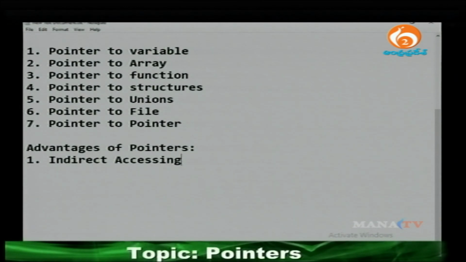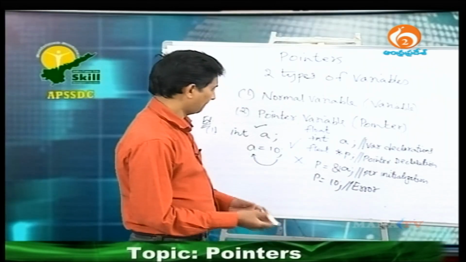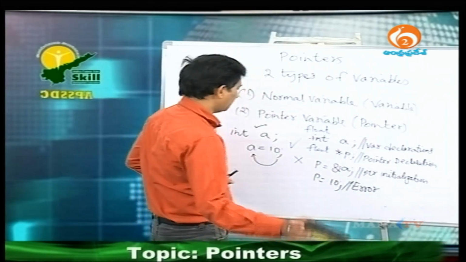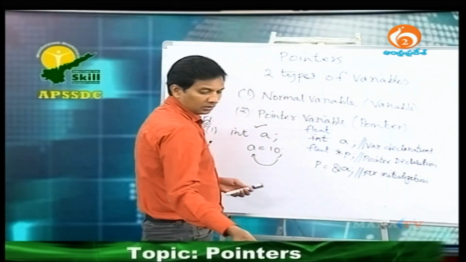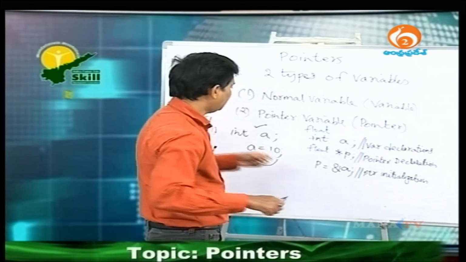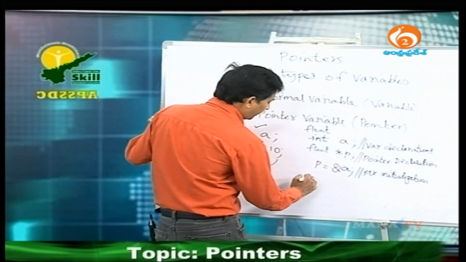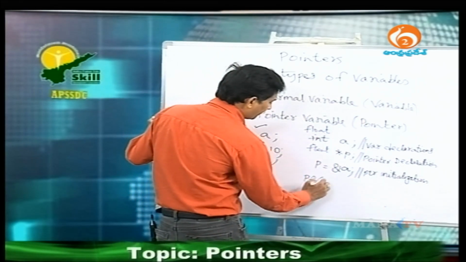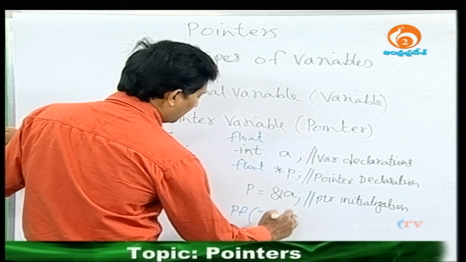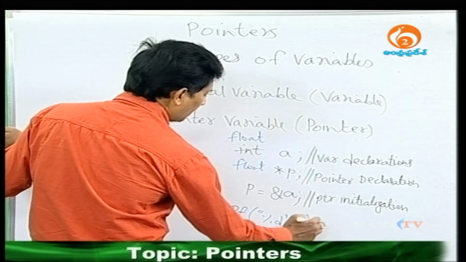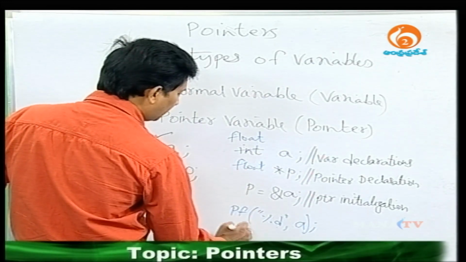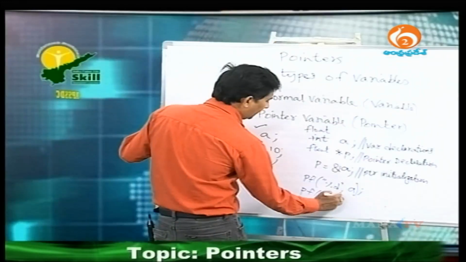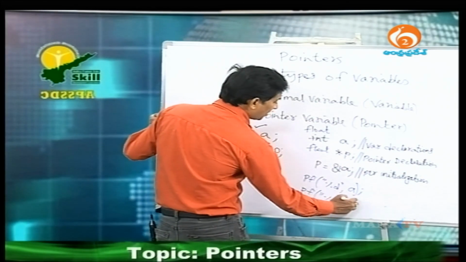You can see here, I can access printf %d a. That means I can access the variable a. I can also access %d star p.